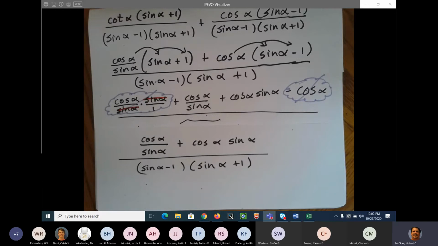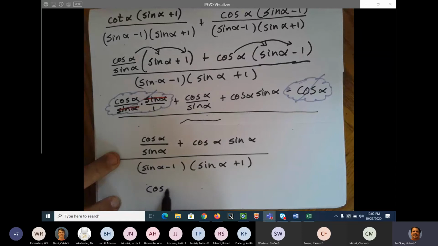Now that bottom, remember that bottom right here can be written: a plus b, a minus b is a squared minus b squared, which will be sine squared minus 1. So cosine alpha over sine of alpha plus cosine of alpha times sine of alpha over sine squared minus 1.